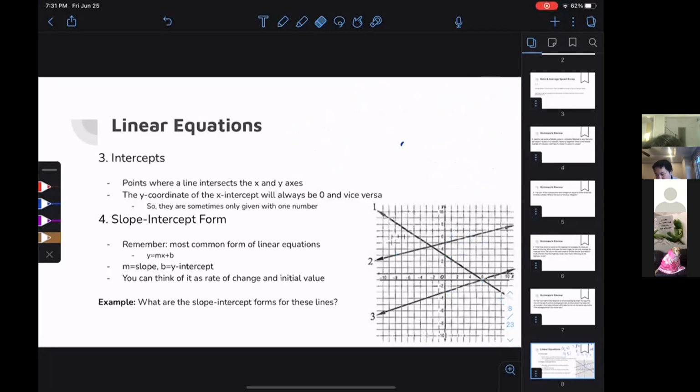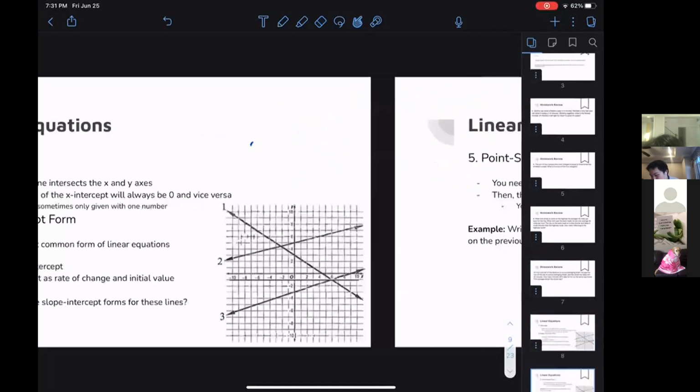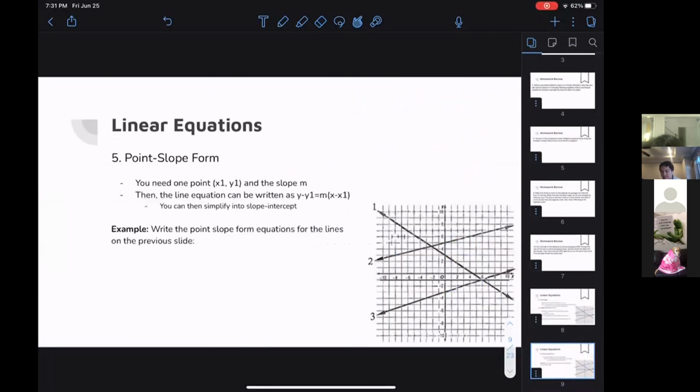And now the next line form that we'll cover is point-slope form. For this one, you just need one point that's on the line, and then you need the slope of the line. And then the line equation can be written like this. If (x1, y1) is the point that you're given, and m is the slope that you're given, then you have y minus y1 is equal to m times (x minus x1).